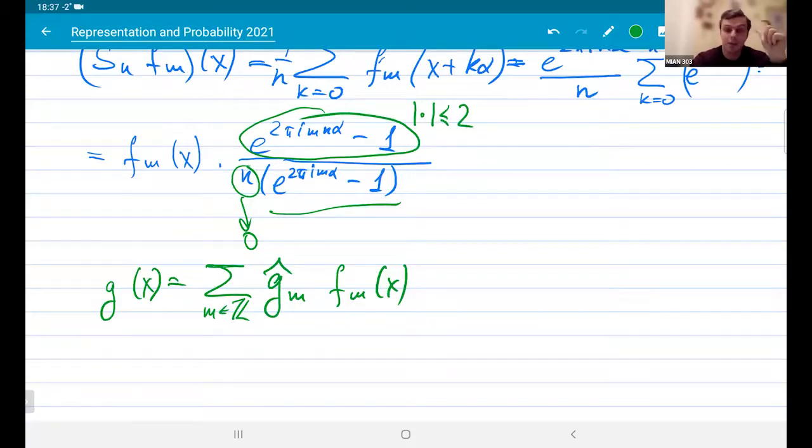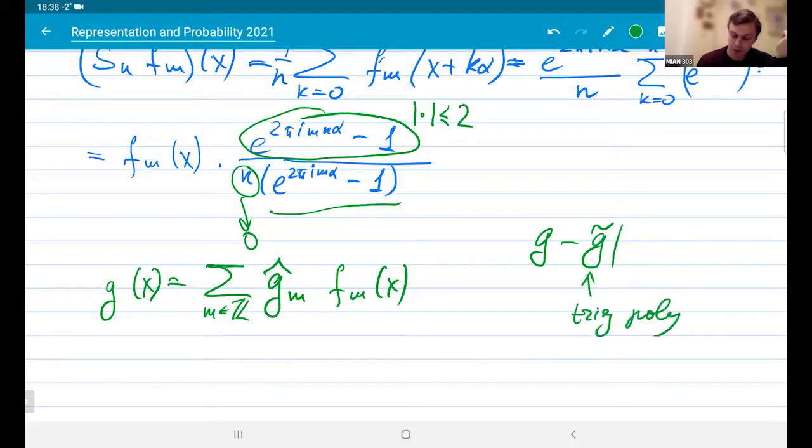So we have g minus a trigonometric polynomial, and the uniform norm, the C norm, doesn't exceed epsilon. But if two functions differ by no more than epsilon, then their ergodic averages also differ by no more than epsilon.